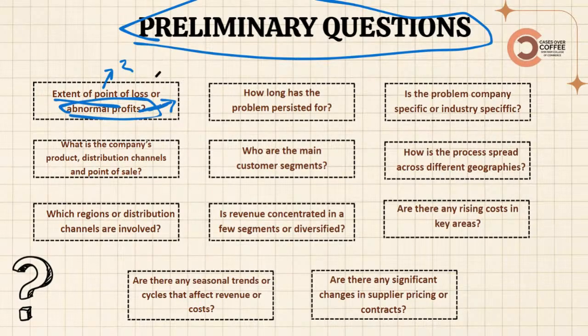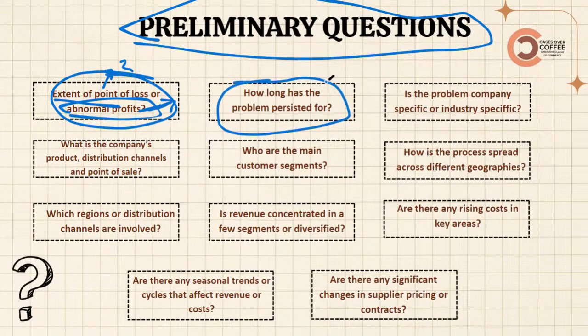For example, first of all, you try to understand how much the profit is, since how long the profitability has fallen, and whether it is a company specific issue or an industry specific issue, and then we ask the secondary questions.